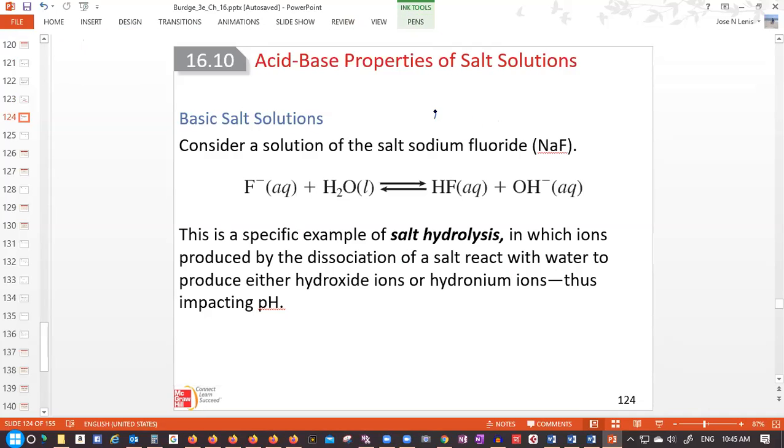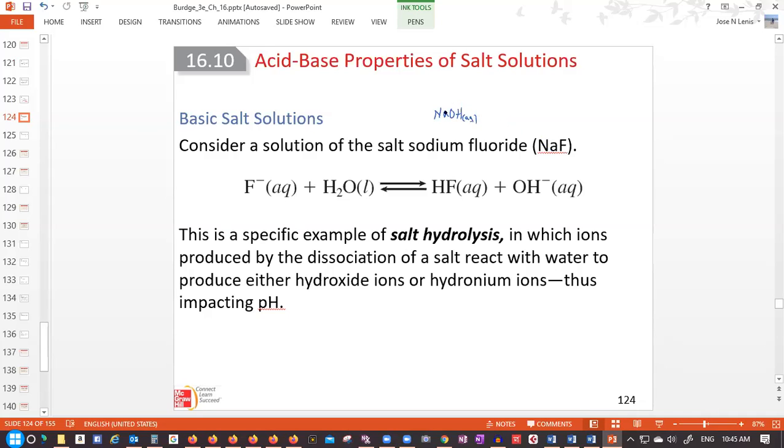So this is basically the way we need to go backward a little bit to figure out how that salt was made, what base was used to make that salt.